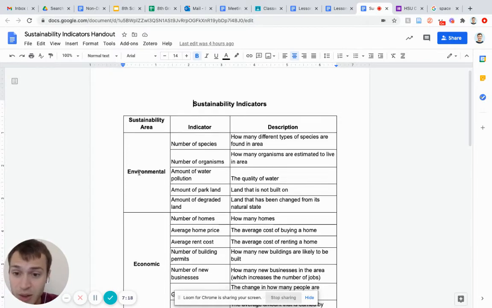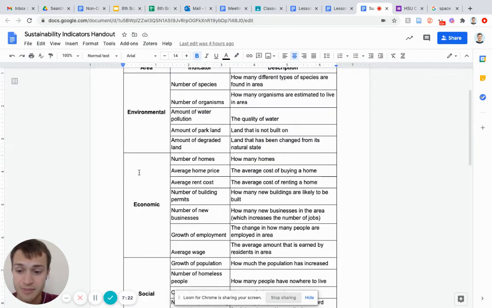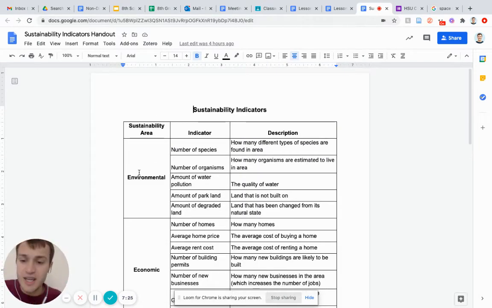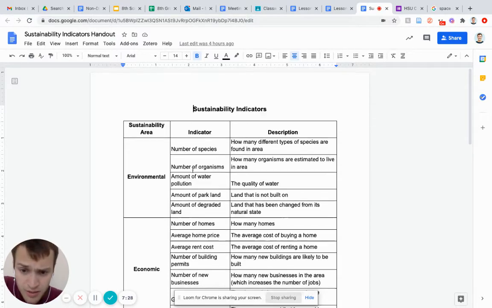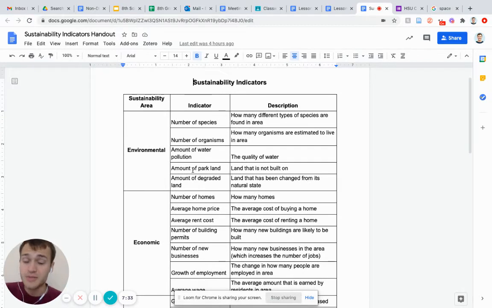So there are three areas of sustainability: environment, economy, and society. Within each sustainability area, there are 4, 5, or 6 different indicators. So right now, I'm going to walk you through just a few of the indicators. I'm not going to go through all of them because you can read it.